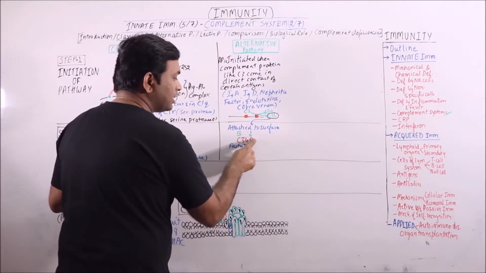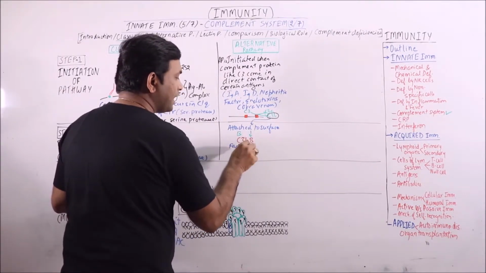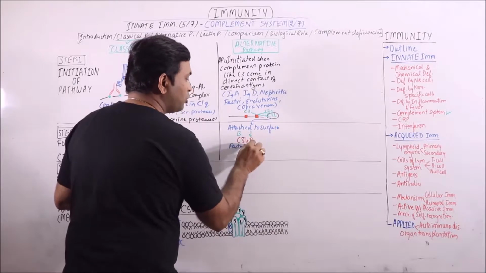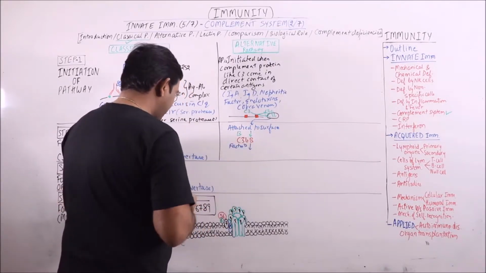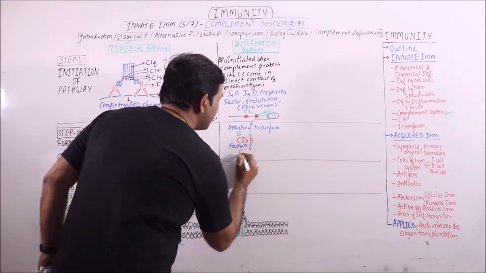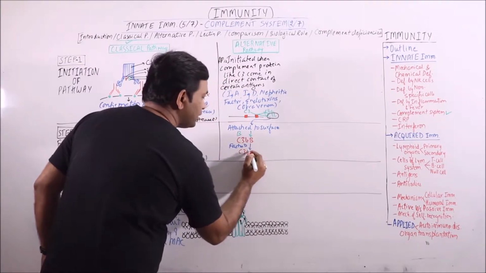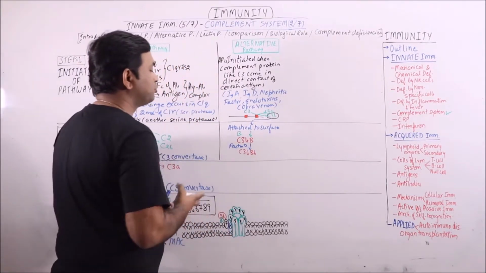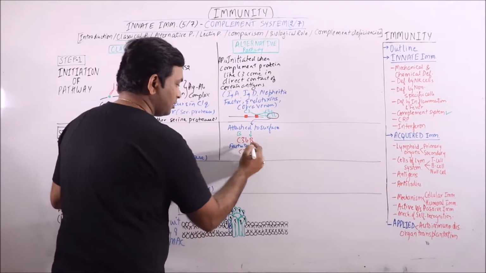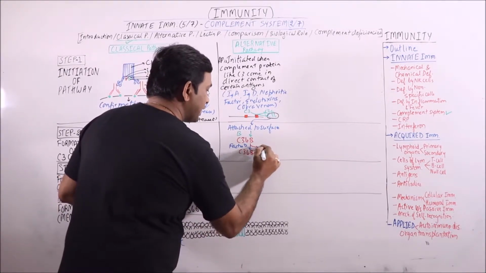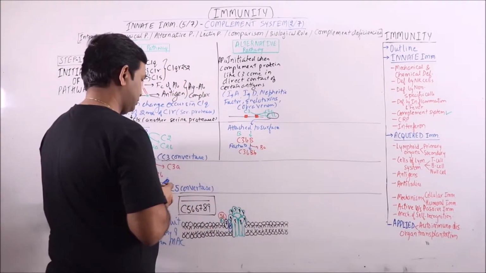Which factor? B will undergo lysis to form Ba and Bb. B small a will be released and B capital B small b will remain there. That is C3B capital B small b, with release of capital B small a.